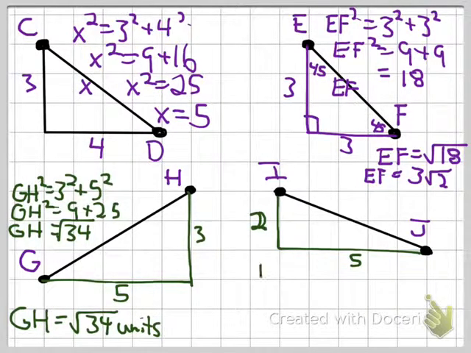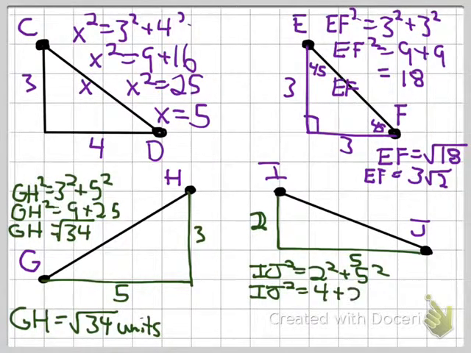Well, if we write IJ squared is equal to 2 squared plus 5 squared, IJ squared equals 4 plus 25, we get the square root of 29 is equal to IJ. Square root of 29, that's a prime number. We're going to leave that as root 29. We should write units there, and that one turns out to be smaller because, yes, that one's still between 5 and 6, but it's going to be a little bit closer to 5 because 29 is closer to 25 than 36.